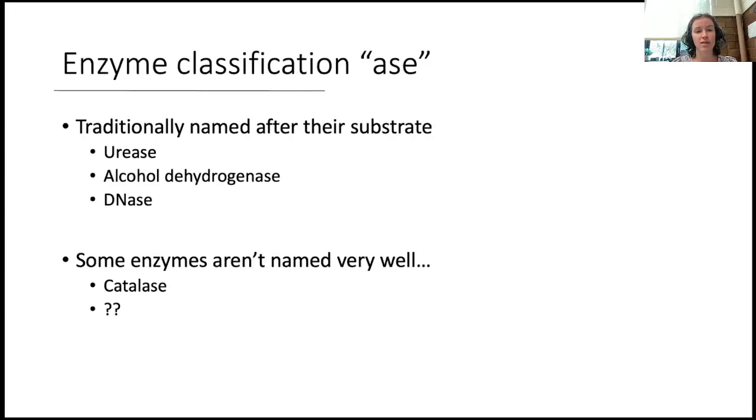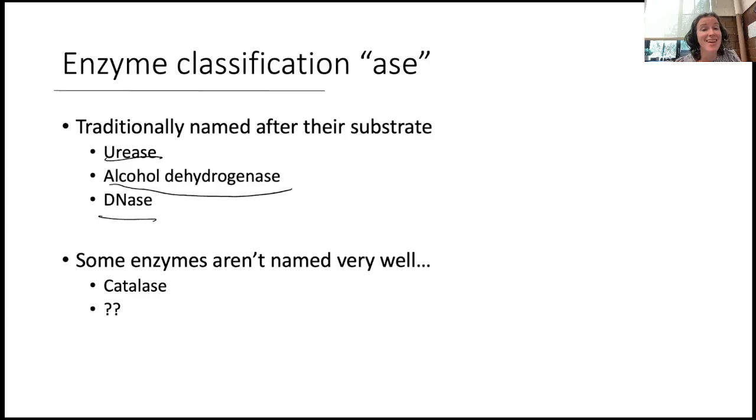So how are enzymes classified? Well, a lot of times you'll see that the very end of an enzyme ends in -ase. Now, in traditional naming, enzymes were named after their substrate. The enzyme whose substrate is urea, urease. The enzyme whose substrate is an alcohol, alcohol dehydrogenase, right?